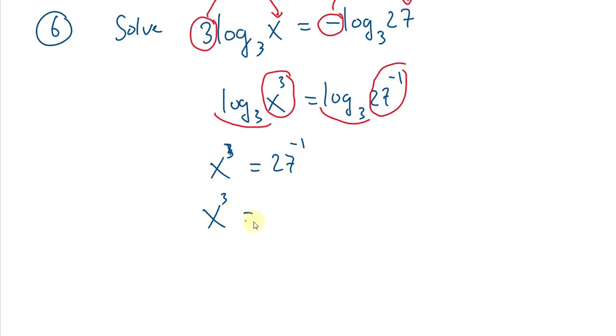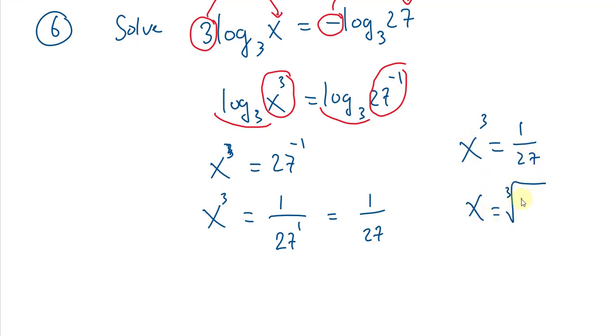So you can bring the power down, change it to positive, or 1 over 27. So now you know that x to the third power equals 1 over 27. And then to solve for x, I take the cube root of 1 over 27, which is 1 over 3, because 3 times 3 times 3 is 27. So this is the answer for this log.